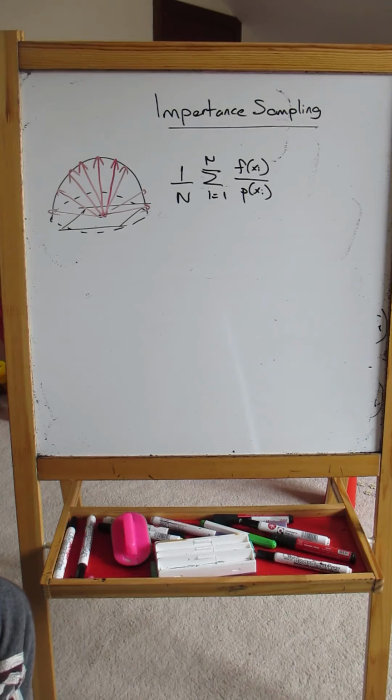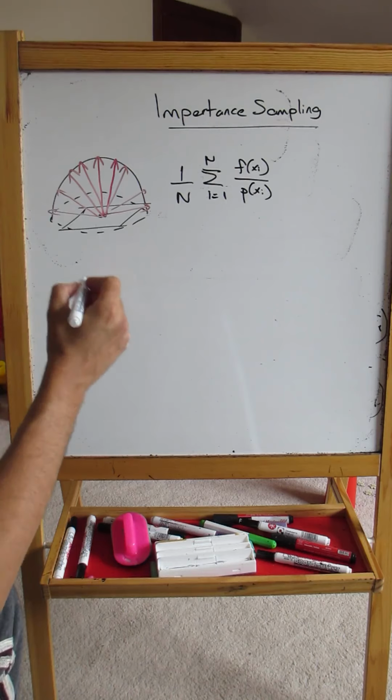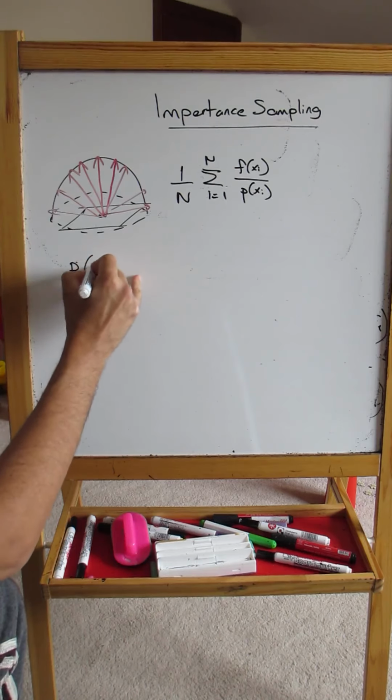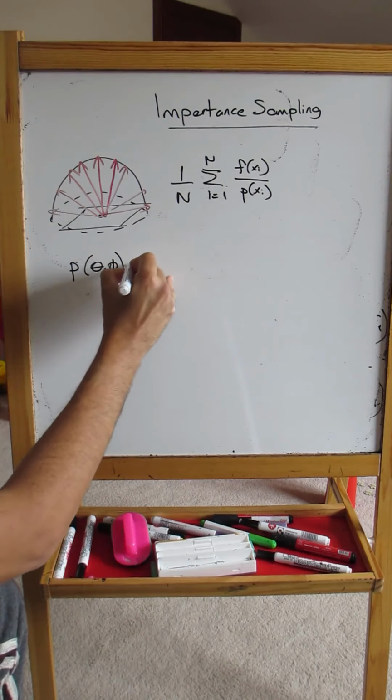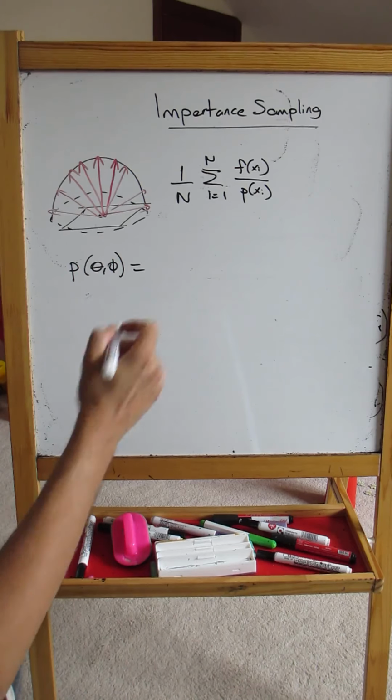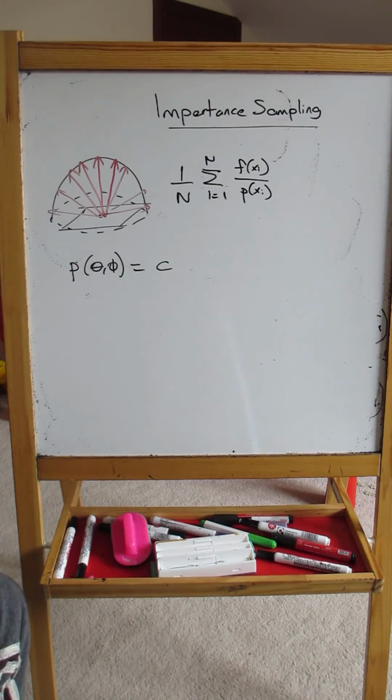Normally, from the previous video, we had the following. We said P(theta, phi) is equal to C. We wanted theta, phi to have constant probability.